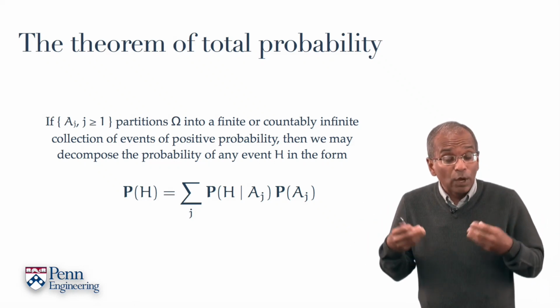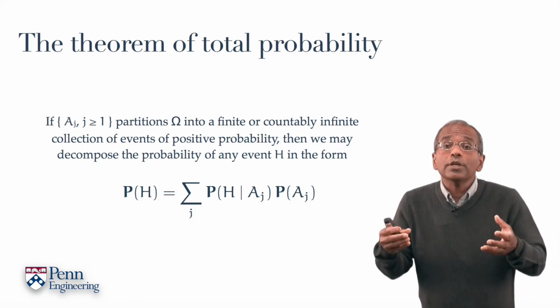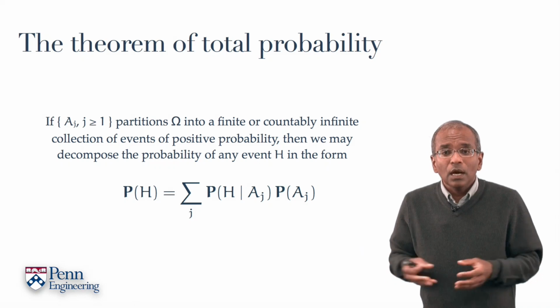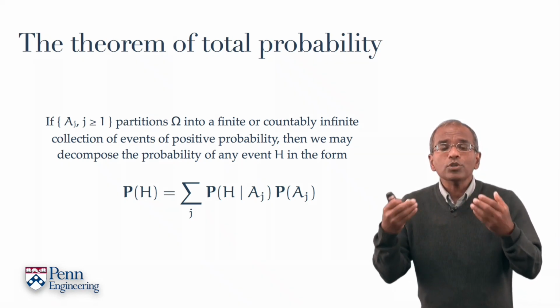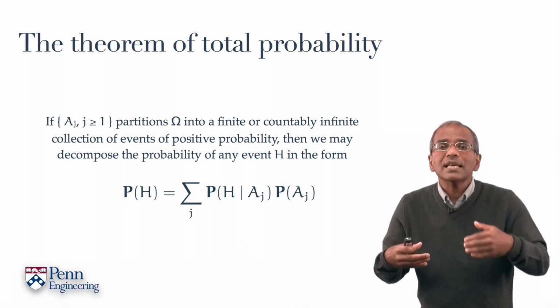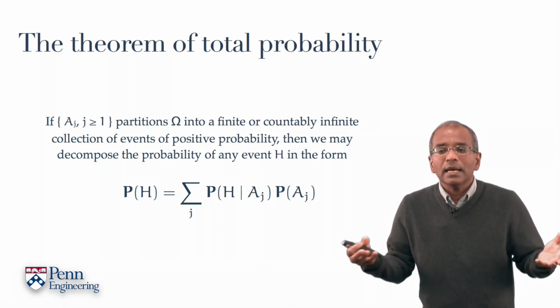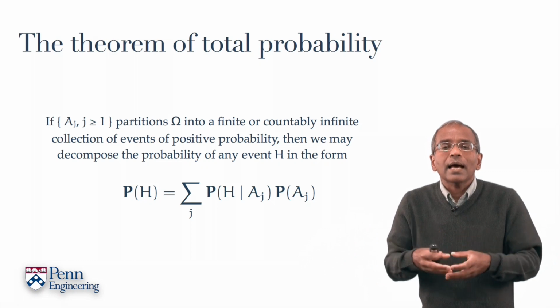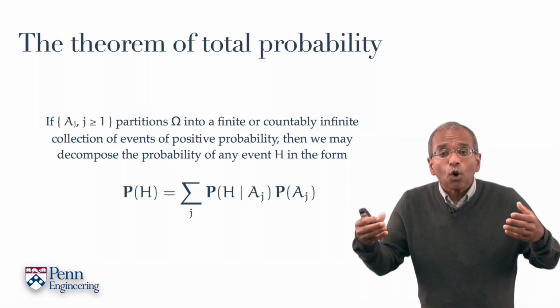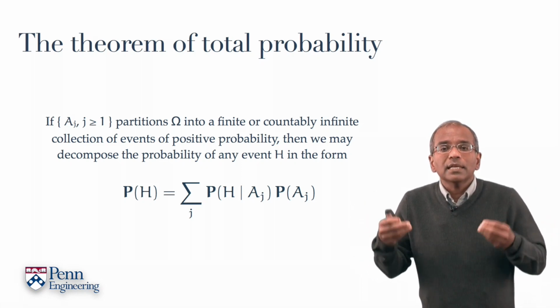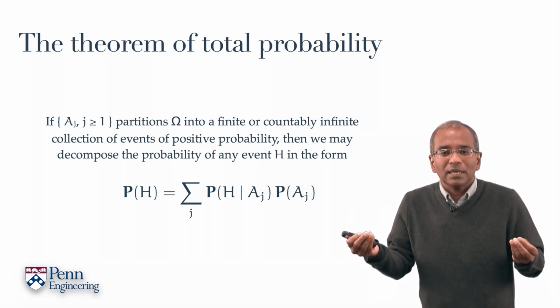These events have to be pairwise disjoint, and the union has to be the entire space. We now look at a target event, H. We decompose H into its pieces in each of the Aj's, stitch everything together, and the result is a principle of additivity in the context of conditional probability, the theorem of total probability.